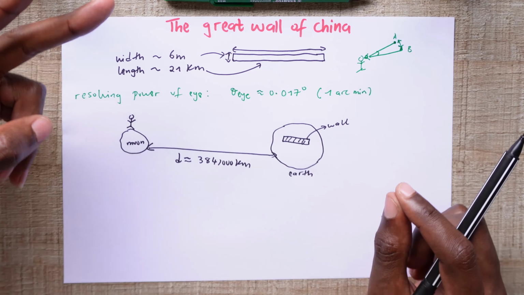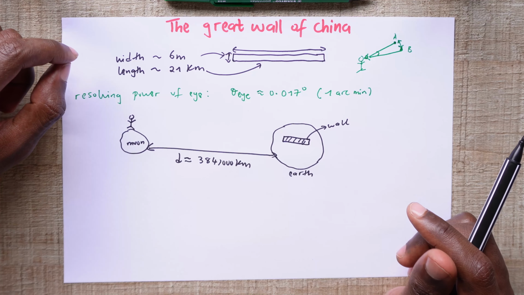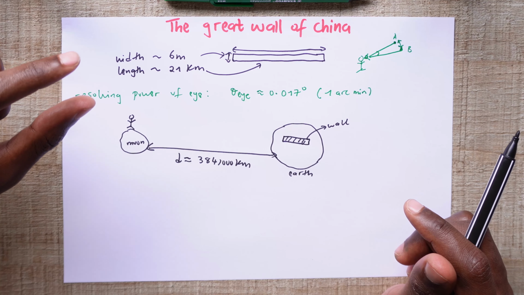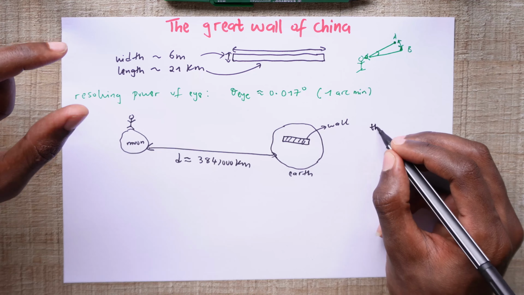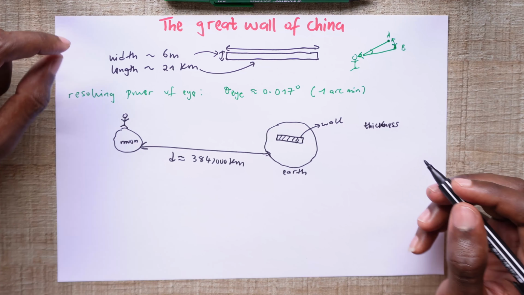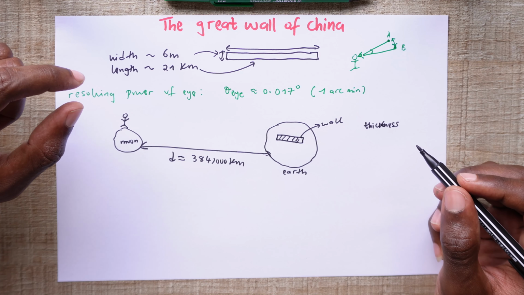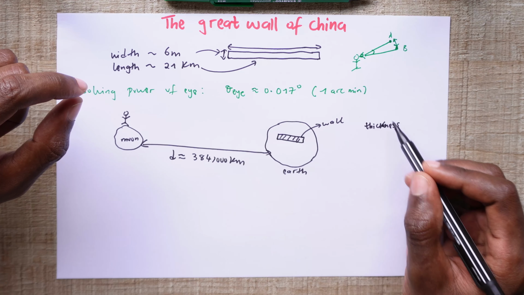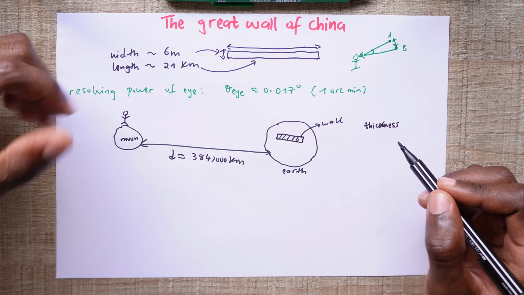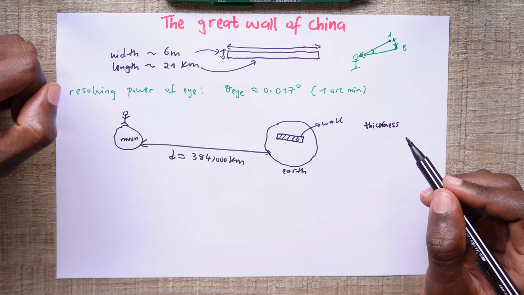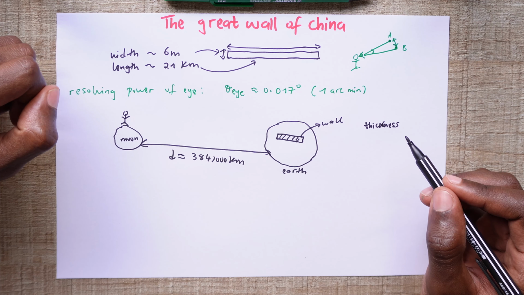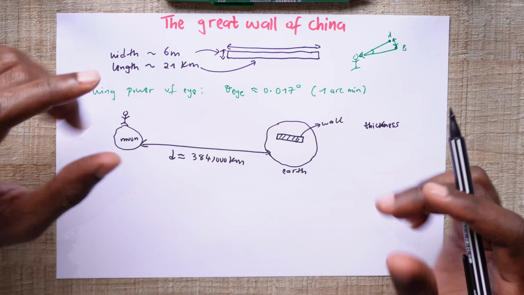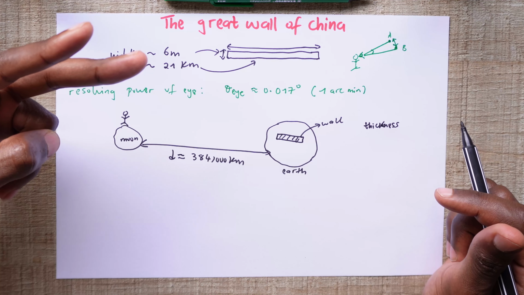So in order to be able to see an object, when you have an object that has a length and a width, a two-dimensional object, in other words, what matters here is the thickness of the object, okay? Why is it so? Because if you can't see the thickness of an object from far, you won't be able to see its length. So it's really logical. To be able to clearly see an object, you must see both dimensions, okay?